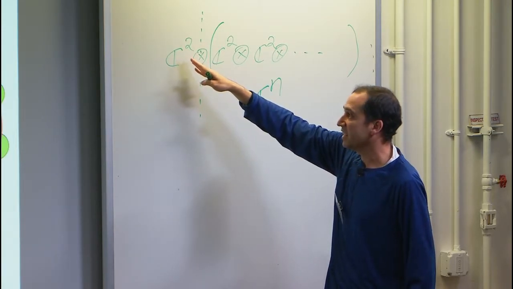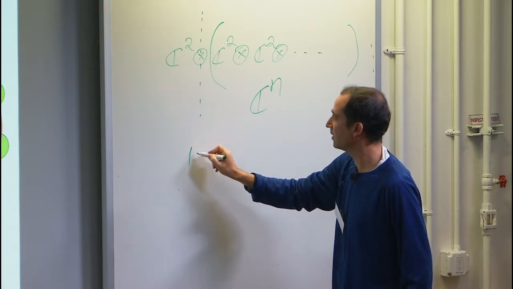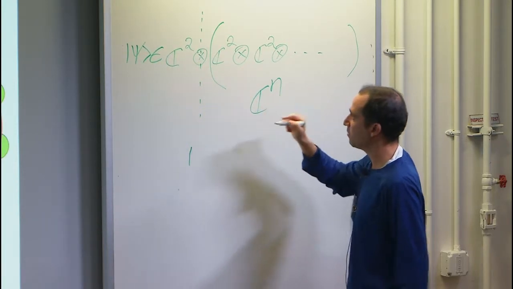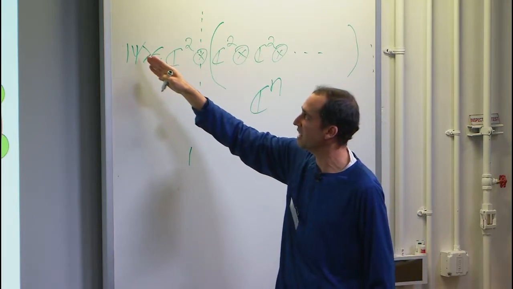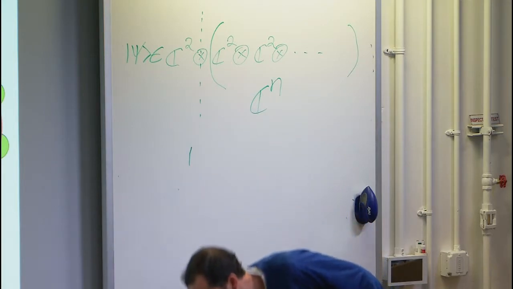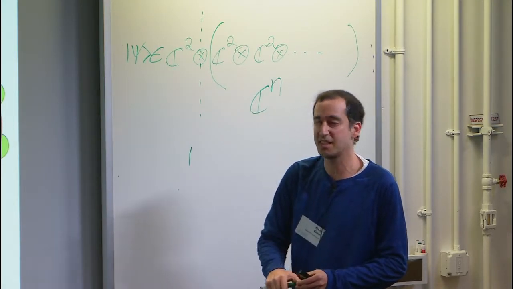Maximally entangled is just like I defined before: if I have a state psi in C^2 tensor C^n, then I say that it's maximally entangled if I trace out this system and I get a density matrix that is proportional to the identity. Okay? So that's the definition.